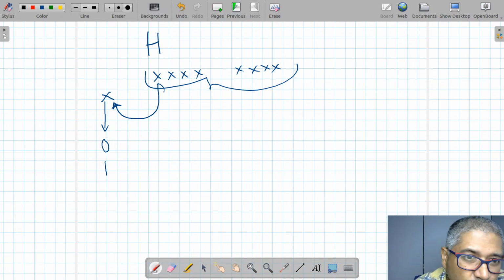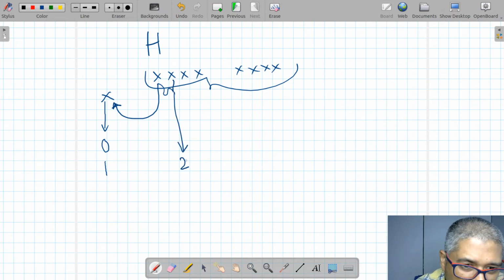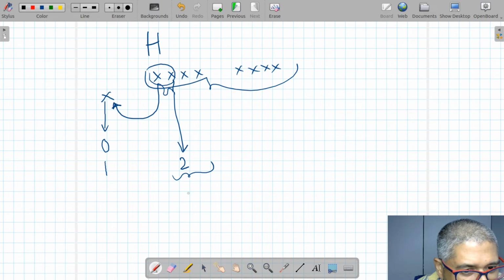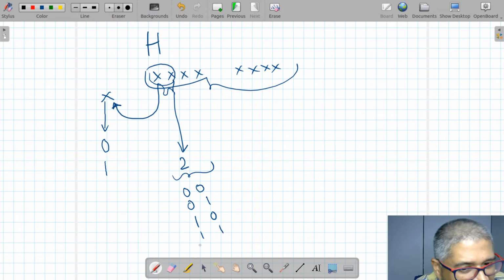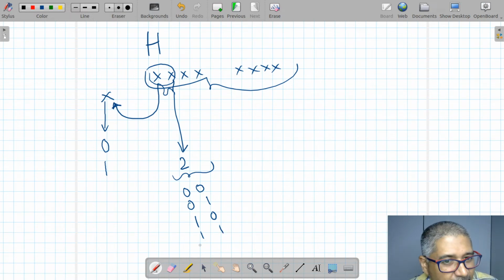Suppose we are moving 2 bits. Then tell me how many options? 4. Excellent. Then what are the options? 0 0, 0 1, 1 0, 1 1. Understand? Yes, sir. Okay.